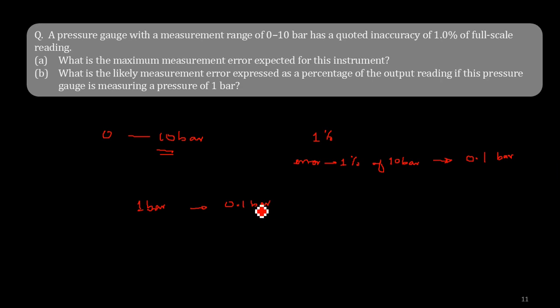But when you are measuring 1 bar, the maximum error will be 10%, because 0.1 bar is 10% of 1 bar. So if you have a maximum error of 0.1 bar when measuring 1 bar, it will be 10% error.